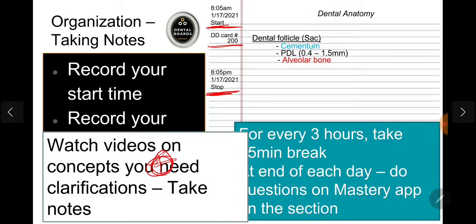Or you can do it either way. You can study the section for that day, take the quiz for that day before you go to bed, and watch some videos. Some people watch videos on their phone while they're in bed. Anyway, make sure you record, take some breaks, and also watch videos.